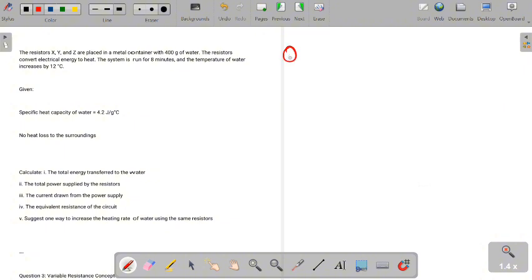So that will be Q, giving us mc delta T. We actually know the mass that we're dealing with here, and the mass is simply 400 grams. We can work in grams.